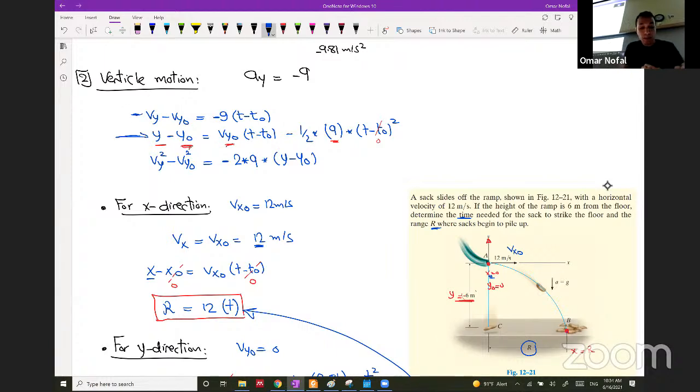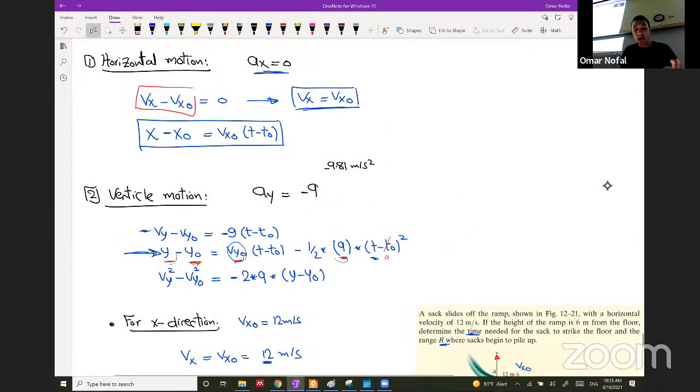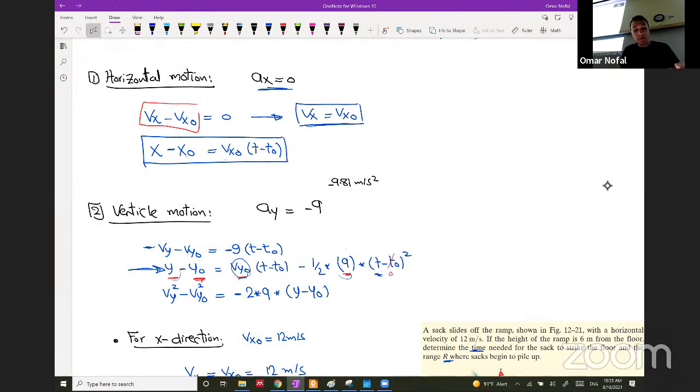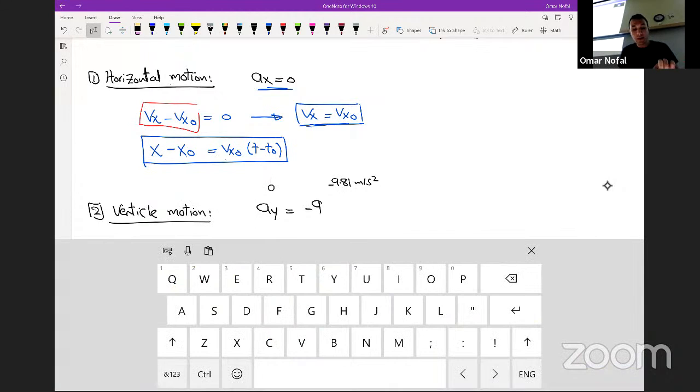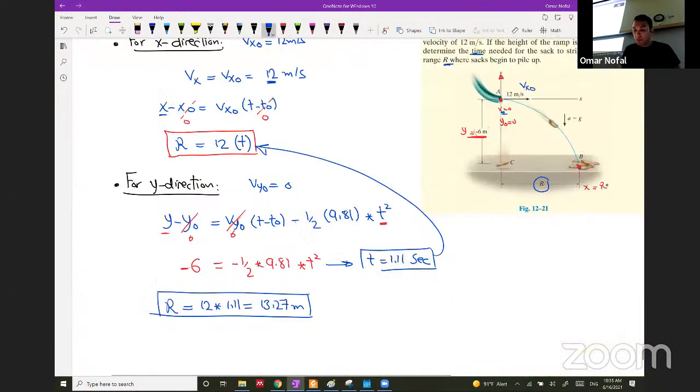But for this equation, I know Y, I know Y node, I know that Vy node is equal to 0, and I know g, so it will give you the time T. So you solve from here and get T, and then you think about the other direction. The required is R, and you have X node equal to 0, and finally you got T from the other equation, so you can solve for R here. So this is for this problem.